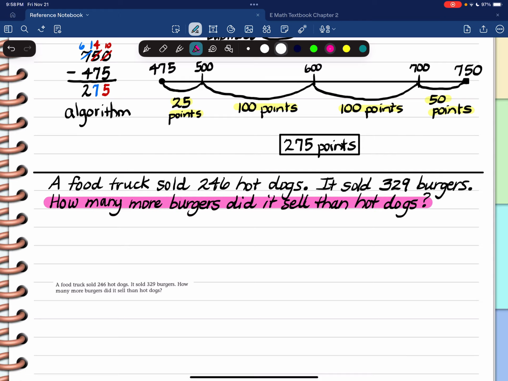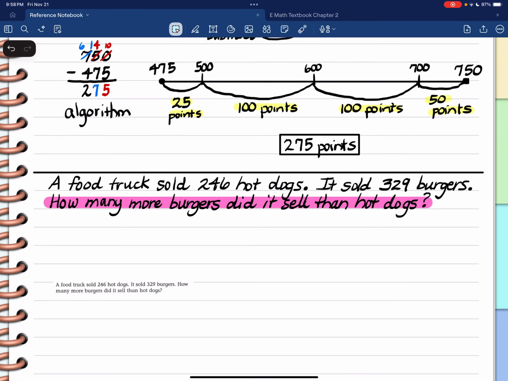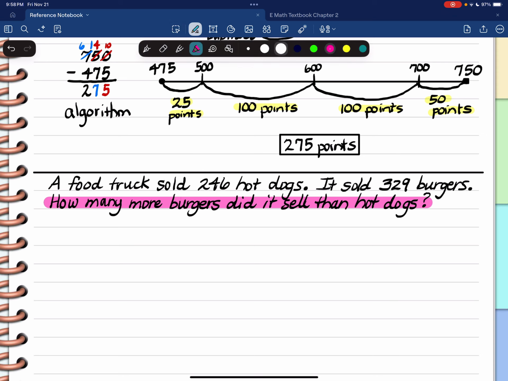And then I'm going to look for my keywords. I see a key phrase that is incredibly important, and that is right here. As soon as I see that in a question, it means subtract.